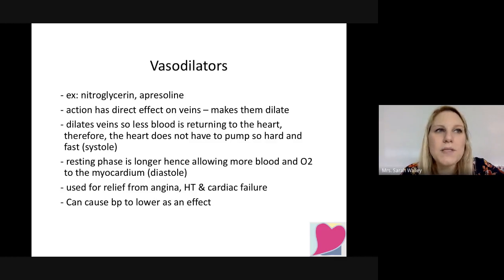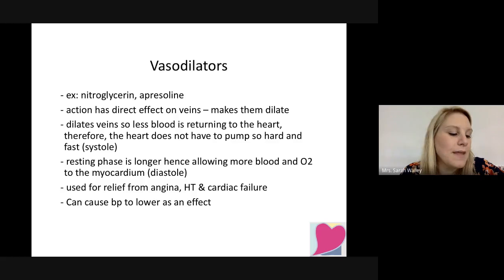It opens quickly for someone who's having an angina attack and you need that medication very fast, so it doesn't have child-proof packaging. That's another question they might ask. It is one of the only ones that is exempt from child-proof packaging.